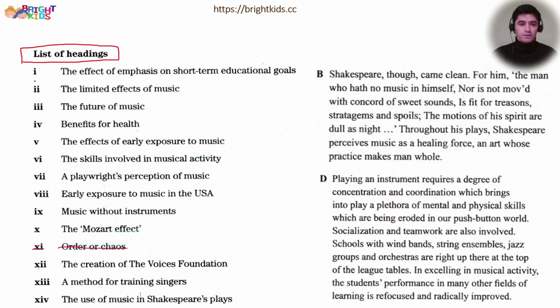As I said earlier, the first thing that we need to do is to underline the keywords in each heading. The first one, the effect of emphasis on short-term educational goals. So these are the keywords: emphasis on short-term goals. Next, the limited effects of music. Next one, the future of music. Benefits for health.